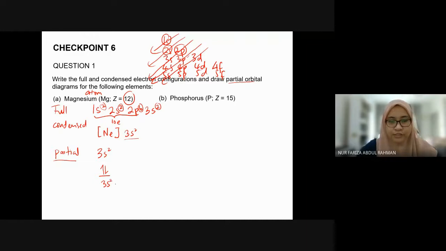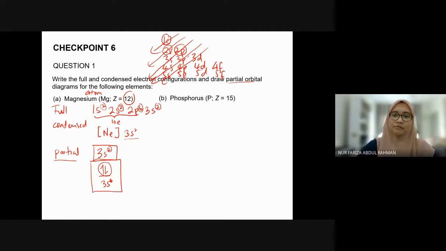Don't do it like that. We have drawn the orbital diagram, and in it we have 2 electrons, so why do we need that redundancy? It is not necessary. So the electron configuration is this, the partial electron configuration, and this is the partial orbital diagram.